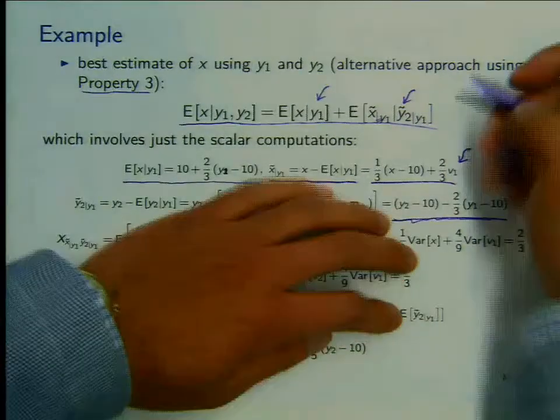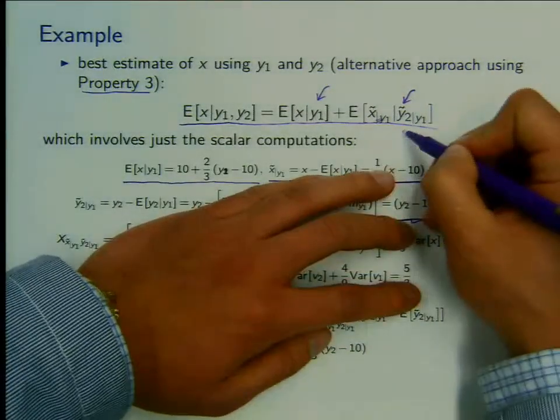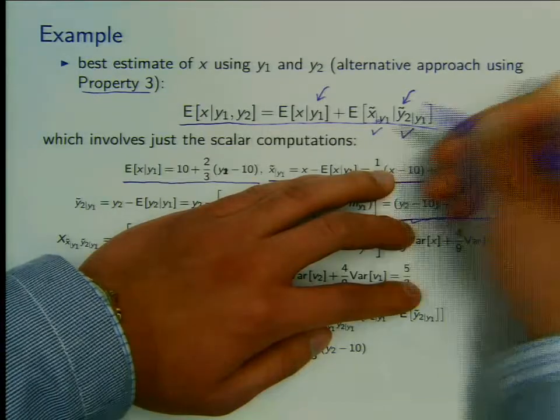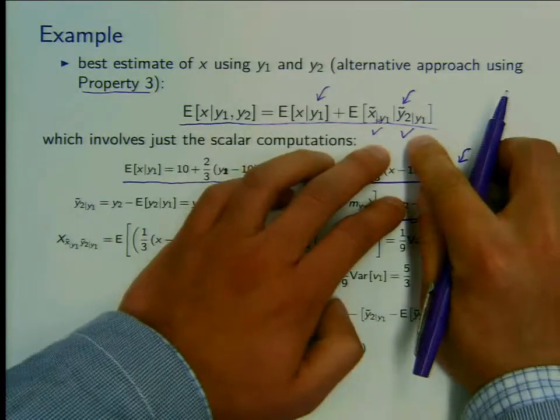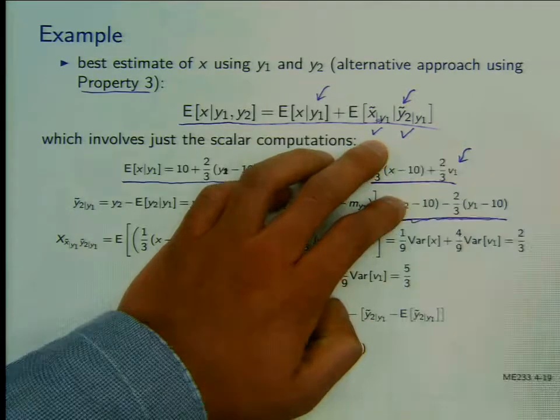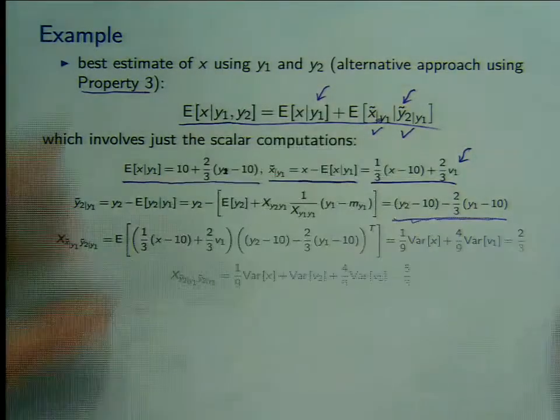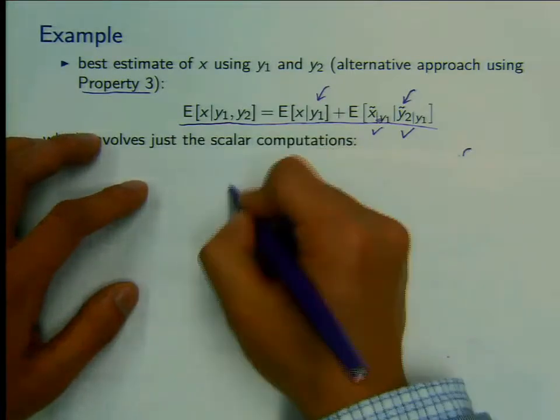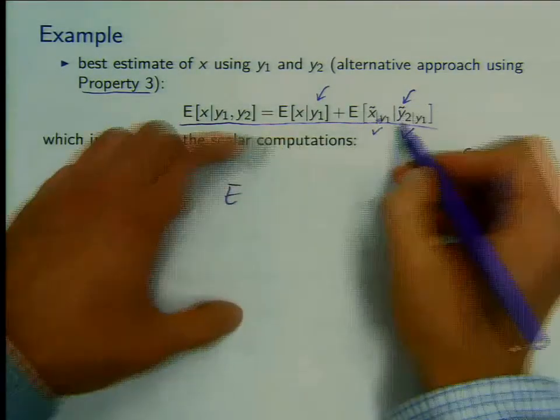One more step to do. So now we know this guy and this guy. What is the conditional expectation? What's the final result going to look like? Again, use the conditional mean equation.